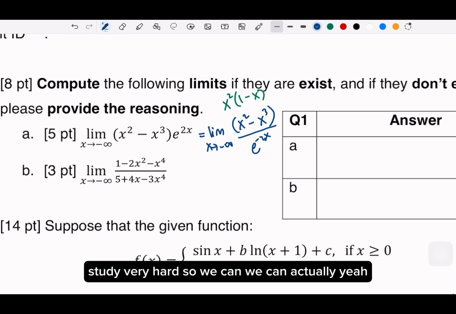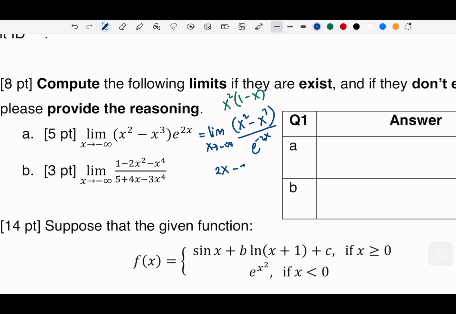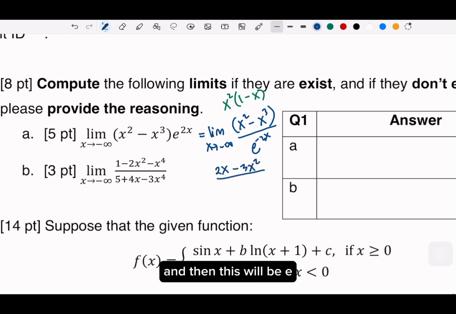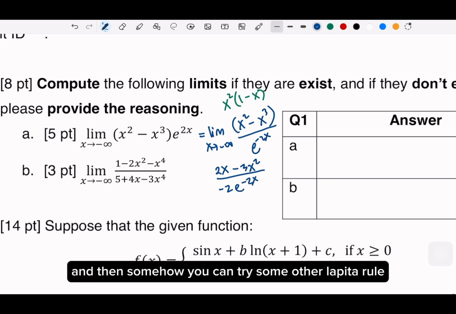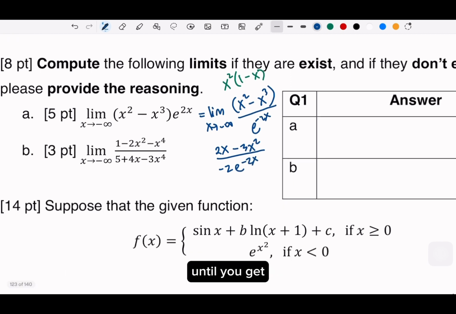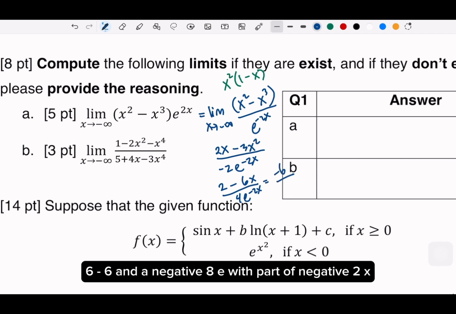So we can actually try L'Hopital rule. Okay, so try L'Hopital rule, and then this will be e, and then somehow you can try some other L'Hopital rule until you get 4e, and then after the very end you get 6, -6, and then -8e with power of negative 2x.